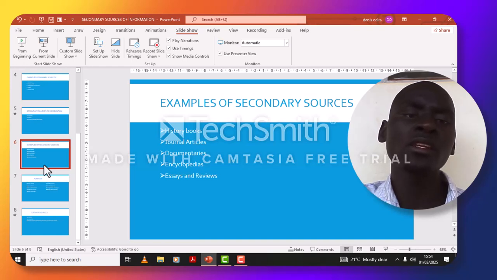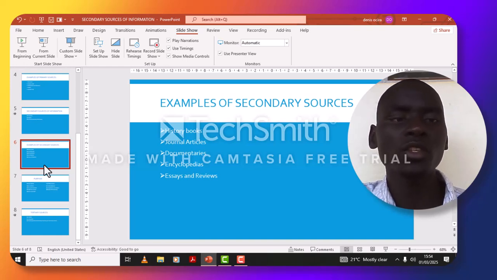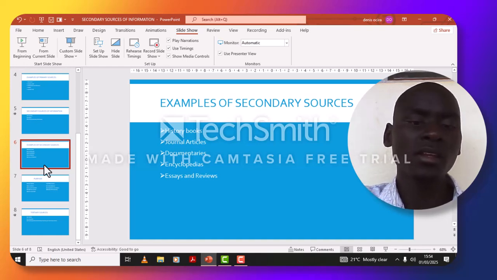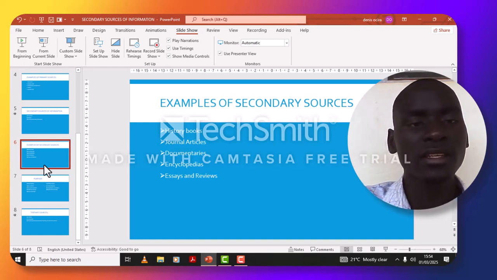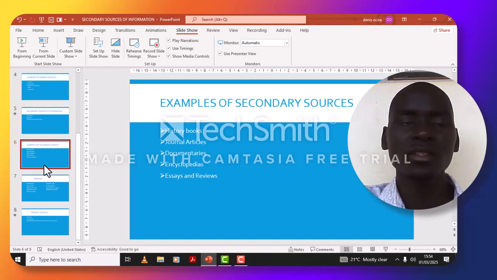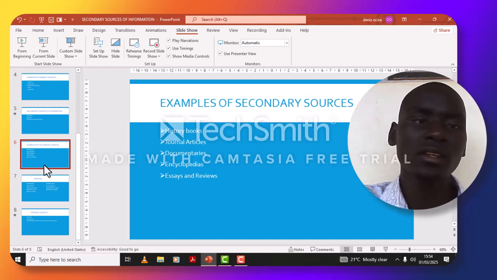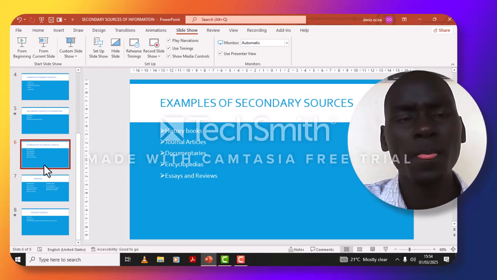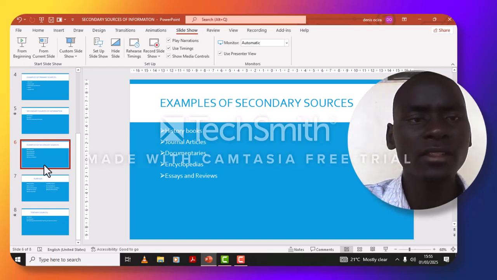Not only historical books, we have journal articles. Journal articles critique or analyze primary data, such as a research paper analyzing the results of a scientific experiment. Like the one which happened in 2020, when Professor Ogban did research on the disease called corona.